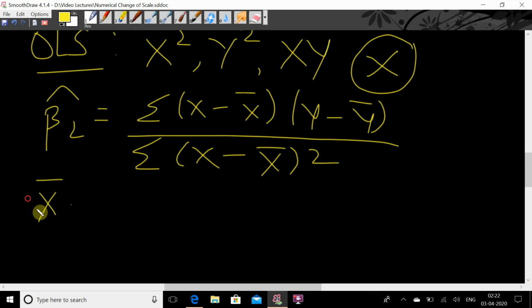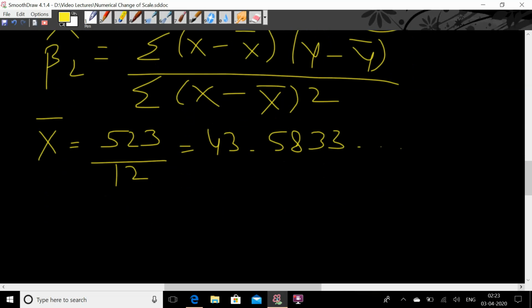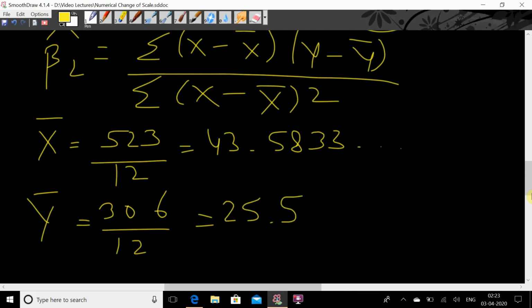So x bar will come out to be 523 by 12, which is equal to 43.5833, which is not a whole number. Similarly, y bar will come out to be 306 by 12, which is 25.5. So again, in this case, it is difficult to use the covariance formula, that is summation x minus x bar, y minus y bar.